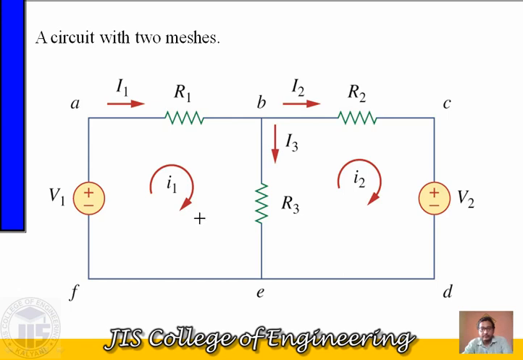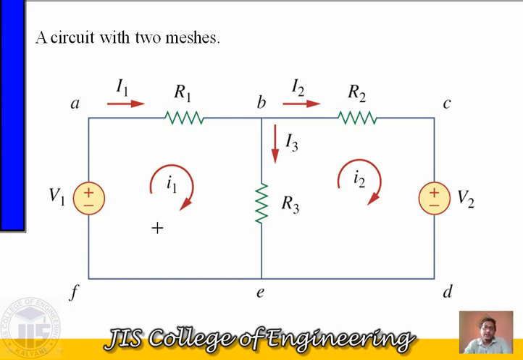There is no problem. If you consider this loop current anti-clockwise, that's fine. If you consider it clockwise, that's also fine. If you consider both mesh currents in opposite directions, that's also fine. You can consider the mesh current in whichever direction you like.